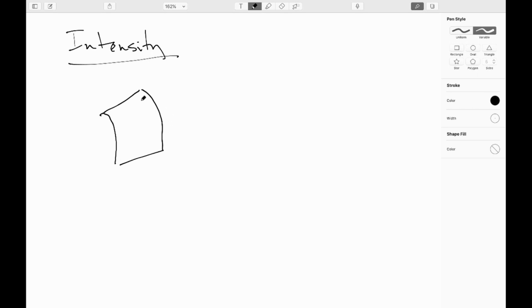So if we look at, say, this portion of a wavefront here of area A, and it's propagating out like so, we can define the intensity of the wave, I, to be the power that the wave carries over the area.